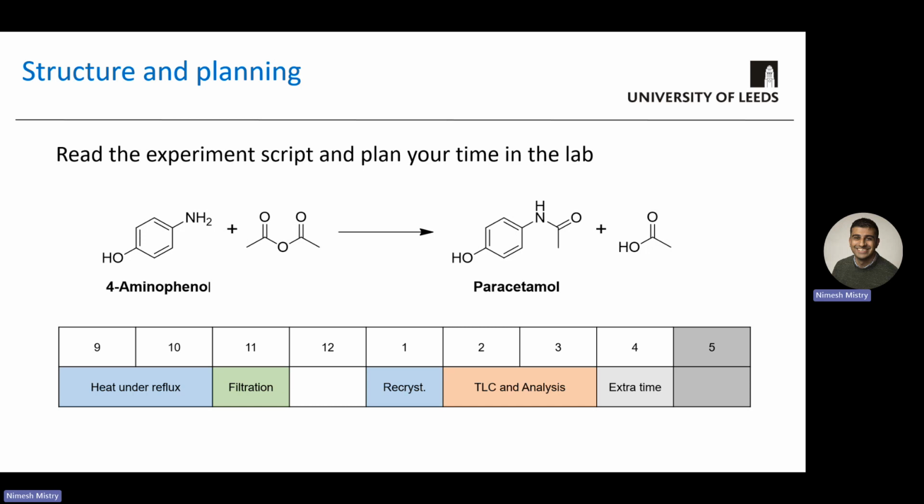In the morning session, you'll be setting up and heating your reaction under reflux, and the reflux itself takes about 15 minutes of heating to make paracetamol. So all in all, setting up, heating under reflux, and cooling down your reaction should take approximately 2 hours for you to complete. And then at the end of the reflux, you should have made paracetamol, and it's about simply trying to isolate the paracetamol and purify it further from your byproducts and starting materials.